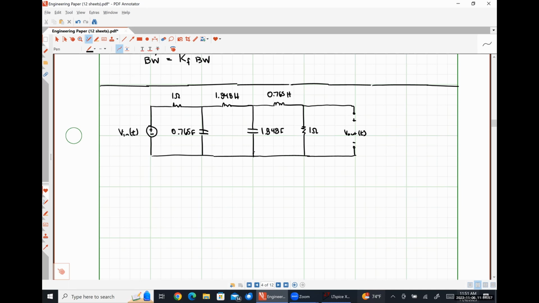And that should make total sense based on what we know about Bode plots, right? If we have a Bode plot where we have a pole that's repeated 4 times, we should be rolling off at negative 80 decibels per decade instead of negative 20 decibels per decade. So that's exactly what's going on here.